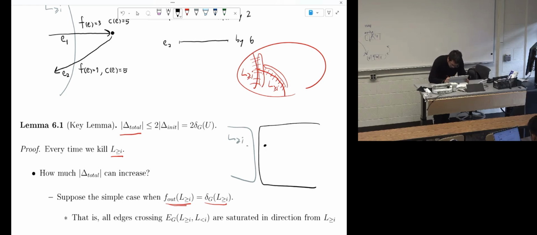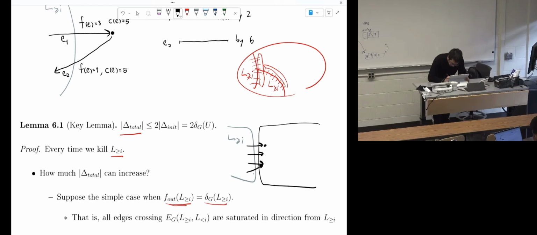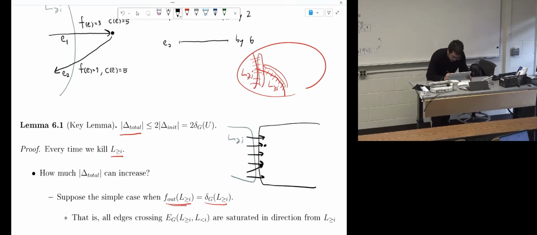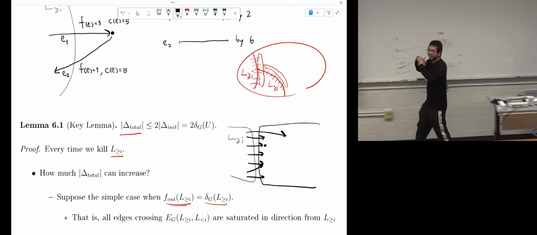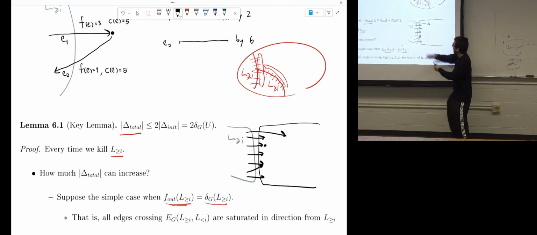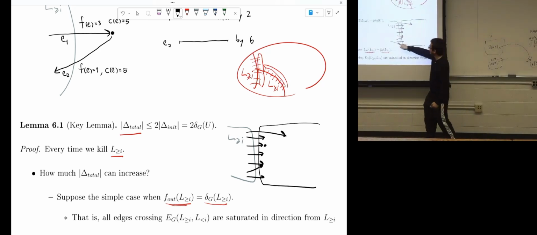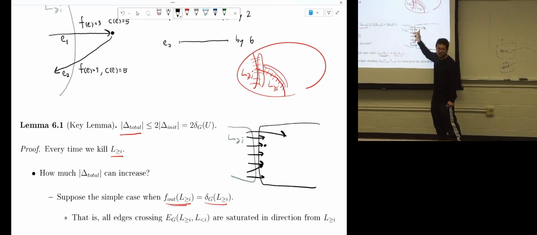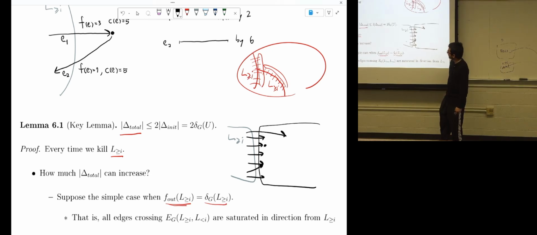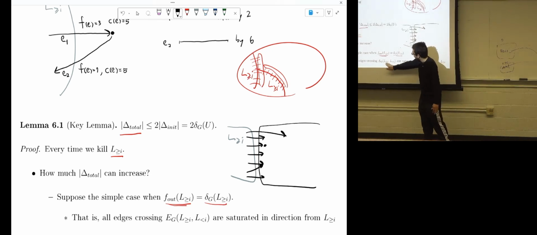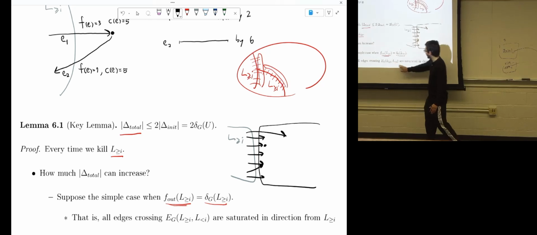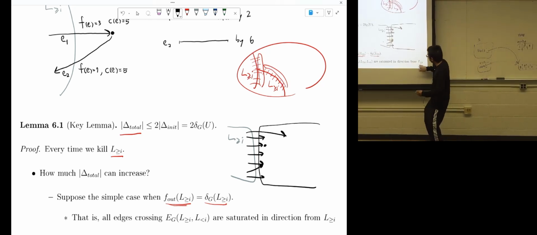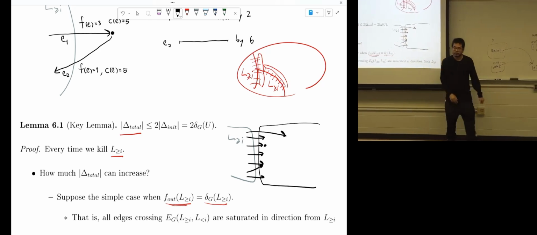But it's the case that every edge that crosses this cut is saturated in this direction. Every edge here, I saturate them, all of them. Suppose that's the case. It will not happen, but suppose that all edges from level at least I to less than I are saturated in the direction from this side to this side.